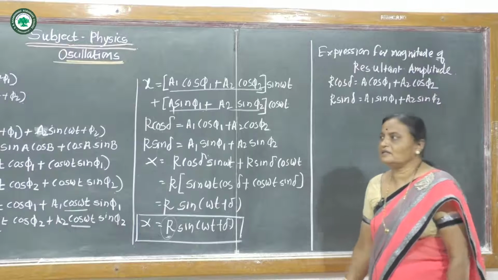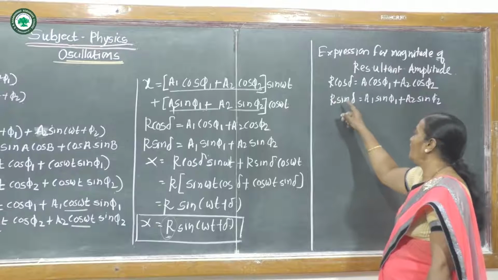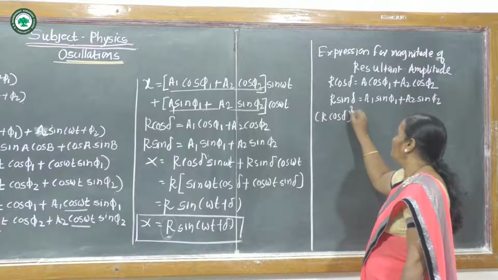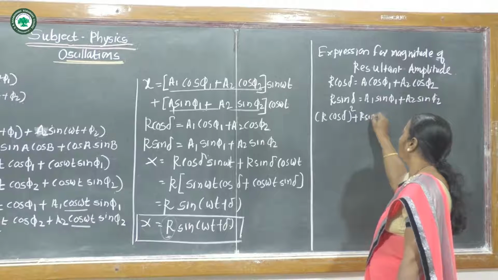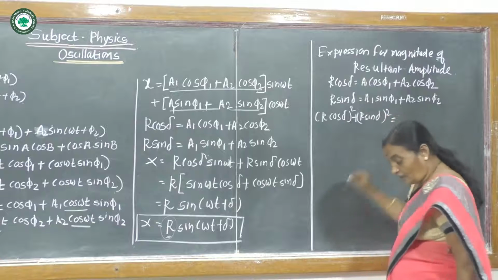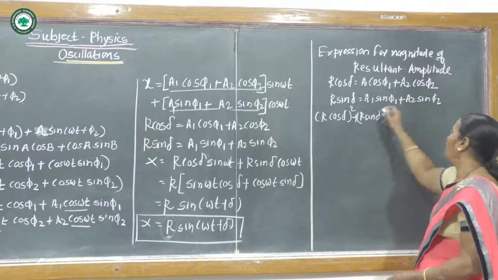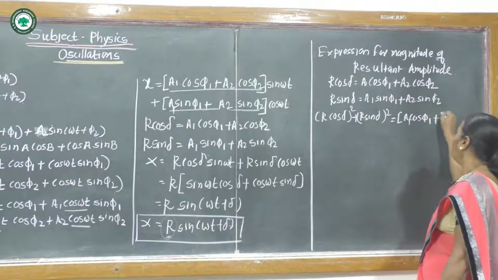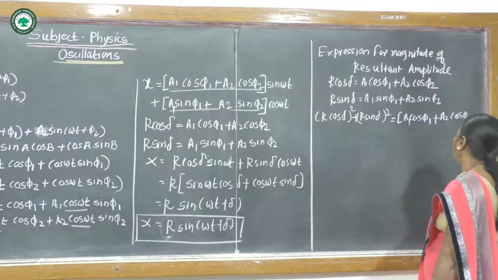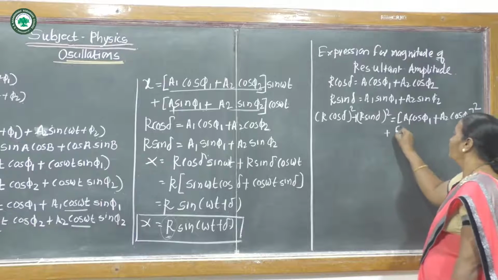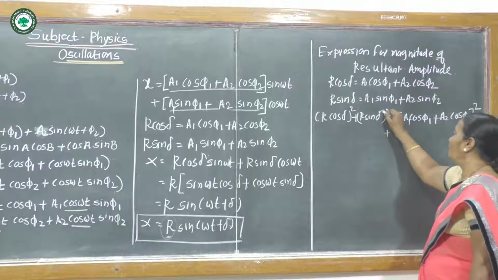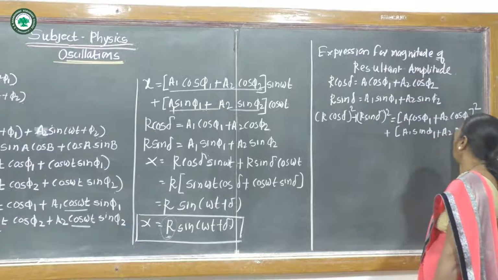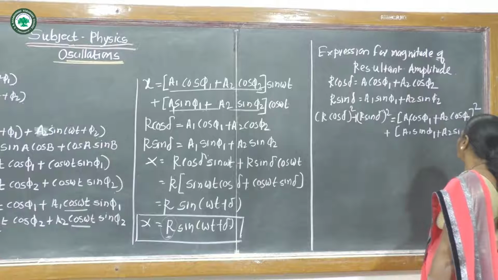Now, squaring and adding the terms, we get (R cos delta) squared plus (R sin delta) squared. The right hand side, squaring and adding, gives (A1 cos phi 1 plus A2 cos phi 2) squared plus (A1 sin phi 1 plus A2 sin phi 2) squared.